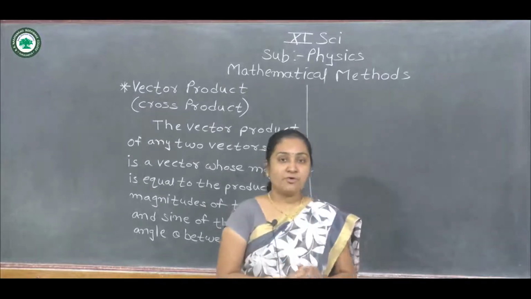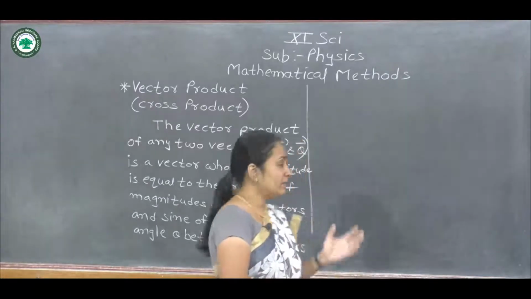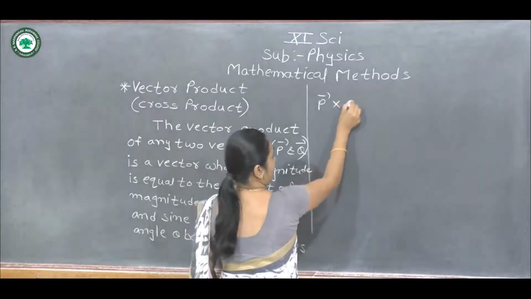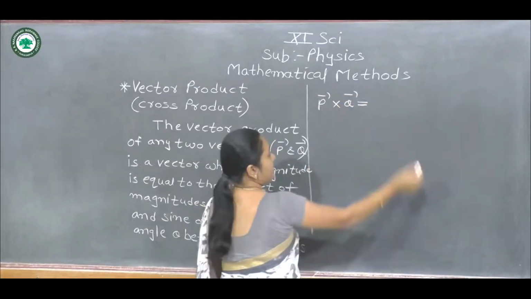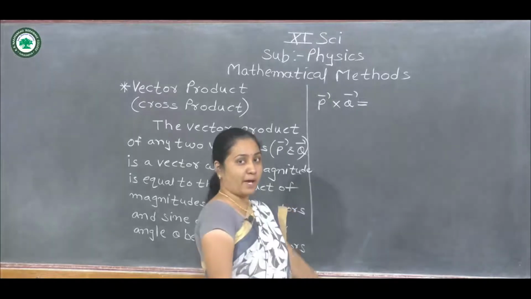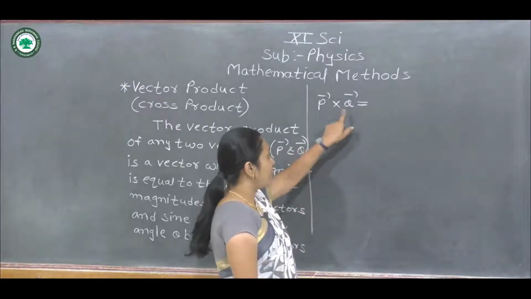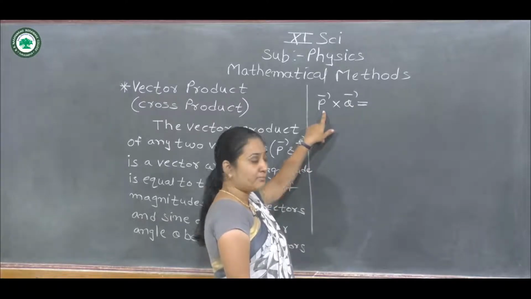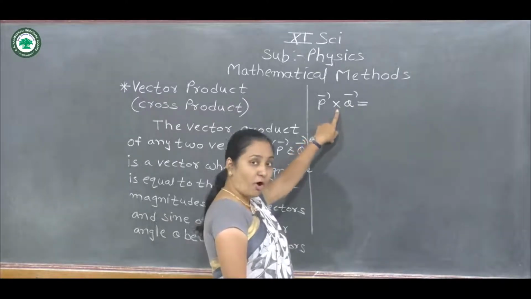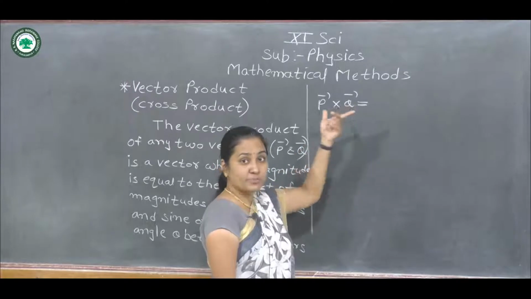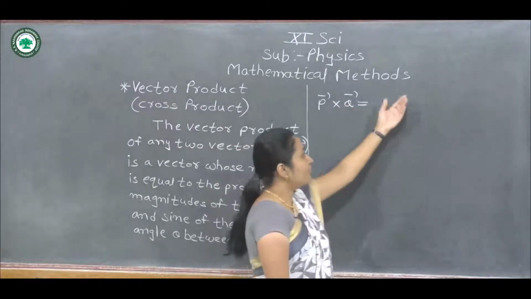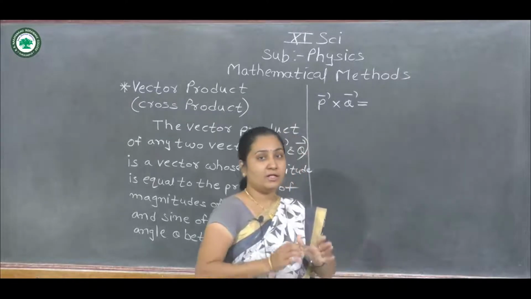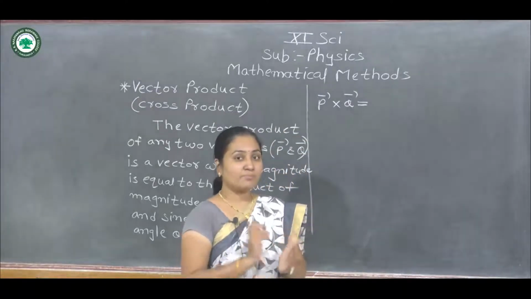Now we can show the vector product like that: p bar cross q bar. It is the product of two vectors p bar and q bar shown by this cross symbol. It is a cross product, and the product is a vector quantity, so it is also called vector product.